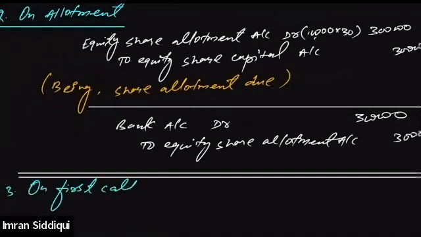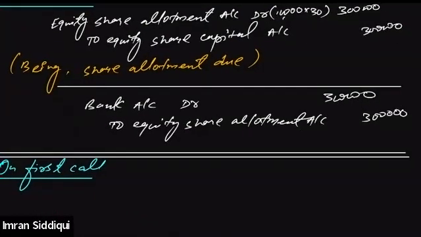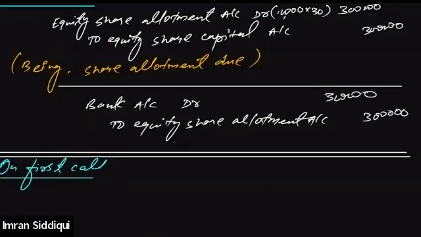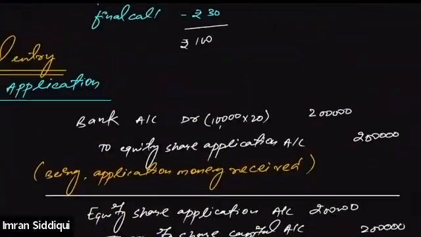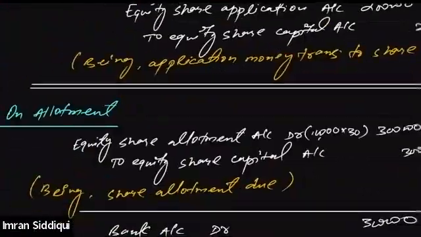On first call, the journal entry will be: equity share first call account debit to equity share capital account, and the amount on first call was 20 rupees.